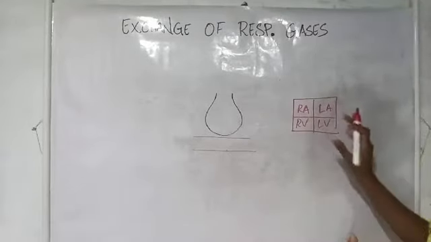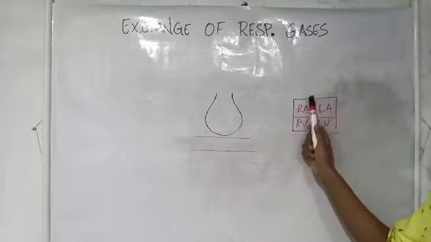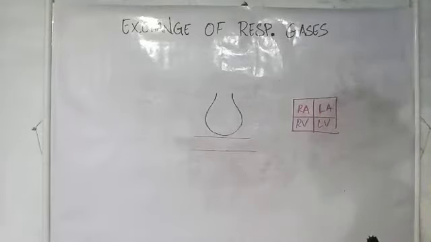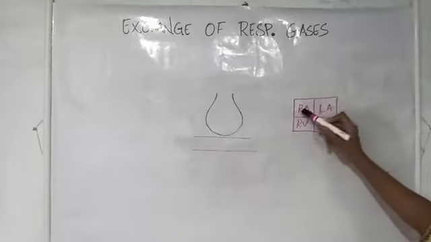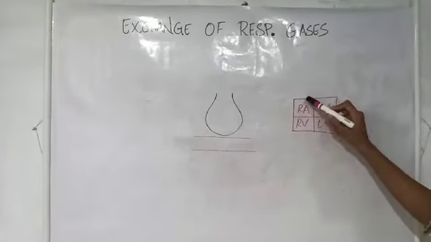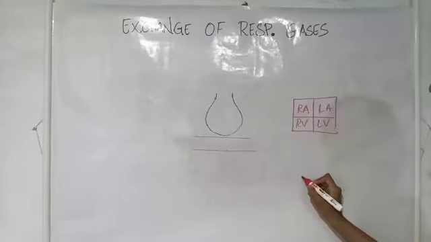We know that the right side of the heart carries deoxygenated blood and the left side of the heart carries oxygenated blood. From where does the right side get the deoxygenated blood? From the body parts, from the systemic circulation.